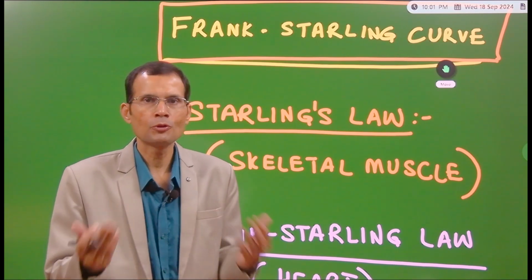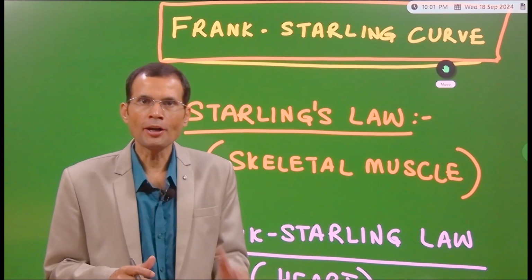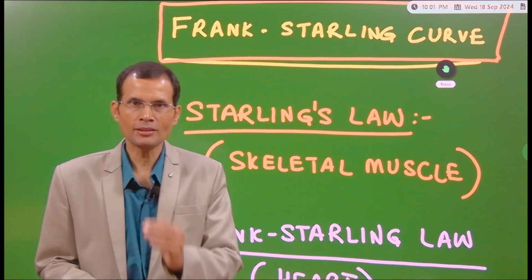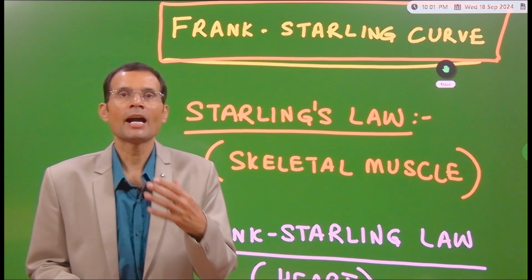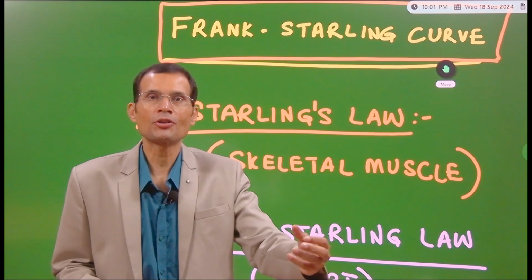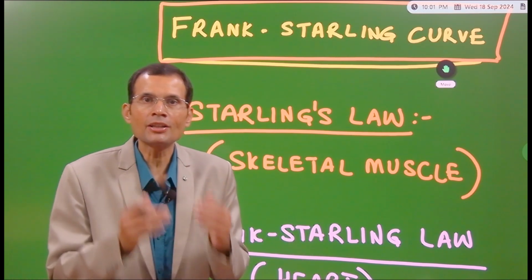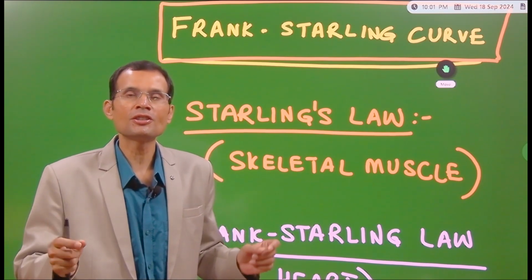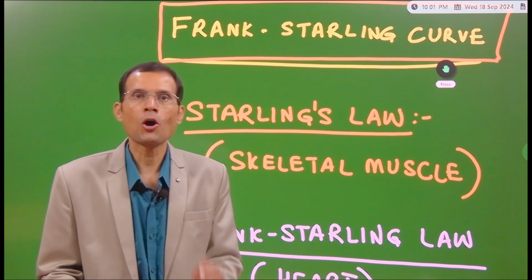Any term would be acceptable. So the point is, it is the initial length of the muscle or muscle fiber that determines the strength of contraction of the muscle. Greater the initial length, now this part is important, greater the initial length, stronger will be the contraction.